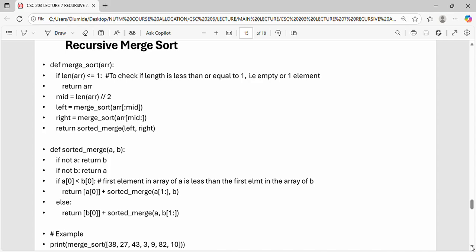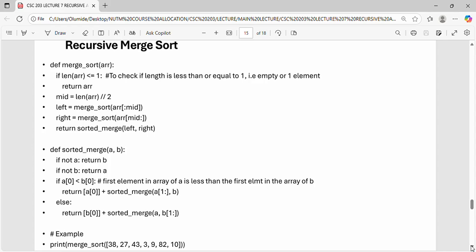Then if len, meaning length, of the array is less than or equal to 1, that is, if it's empty or has one element, then return arr, that is the array.